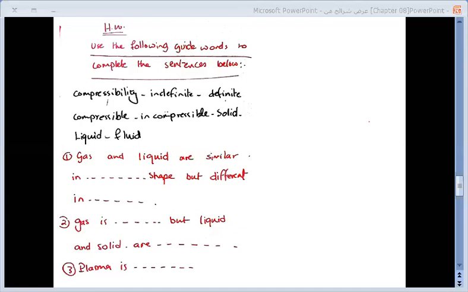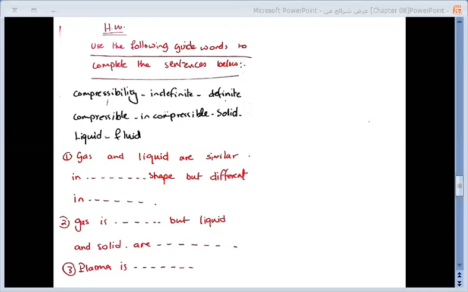This is the homework. We will check the homework, inshallah, that we had in the previous period. The question says, use the following guided words to complete the sentences below.